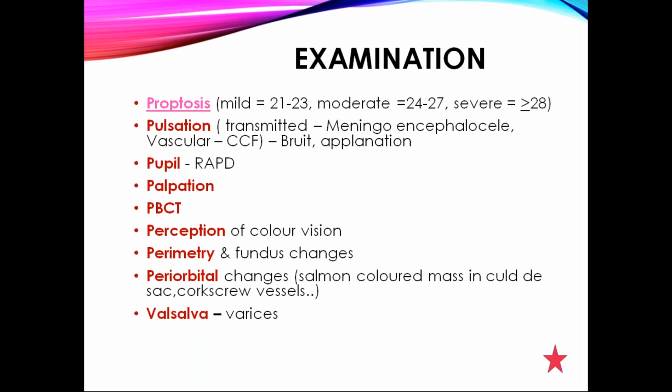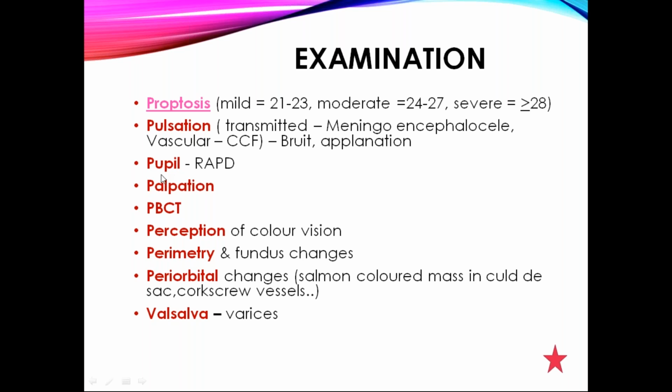Valsalva is nothing but an extra maneuver which helps us to identify whether the proptosis is pulsatile or whether it is due to varices. It helps us to identify whether the proptosis is secondary to a vascular condition or not. So basically these P's you have to remember: proptosis, pulsation, pupil, palpation, PBCT, that is prism bar cover test, perception of color vision, perimetry, and periorbital changes.